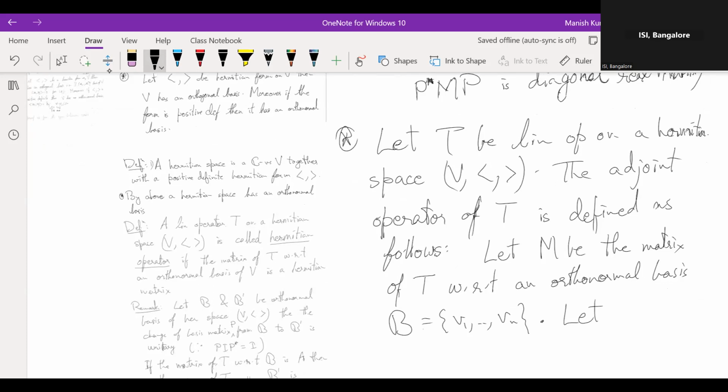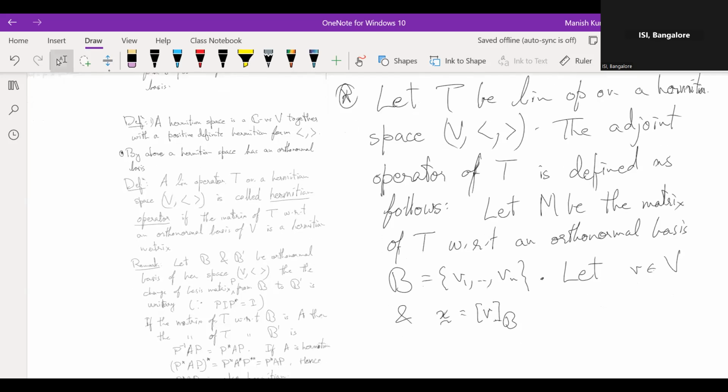So let v be in V. Then we can write the coordinates of v with respect to B. Let X be the coordinates of v with respect to basis B. In other words, X is the column vector x1 to xn, and summation xi vi is basically v.